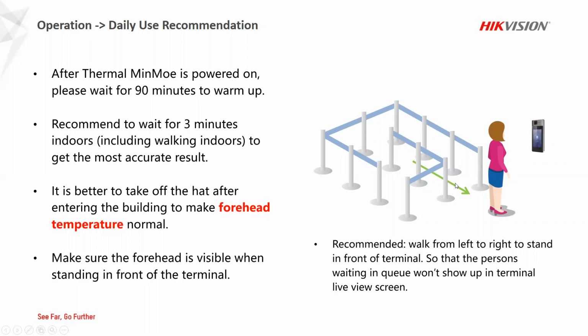Of course, it needs to adapt to the real scenario. We would recommend a person to walk from left to right and then stand in front of it. So the first person standing in front of it, the second person will not be in the view of the terminal. So it makes sure that the terminal is only reading the person standing in front of it.